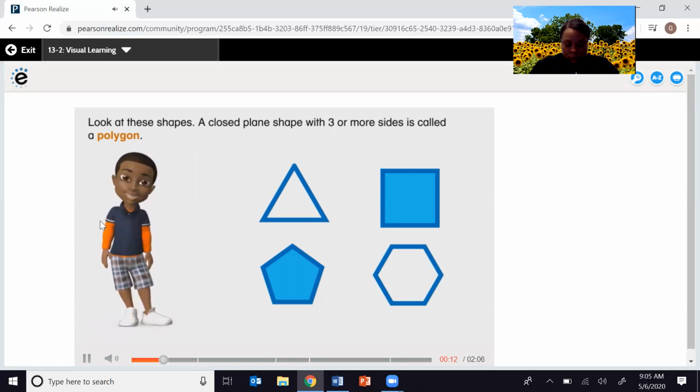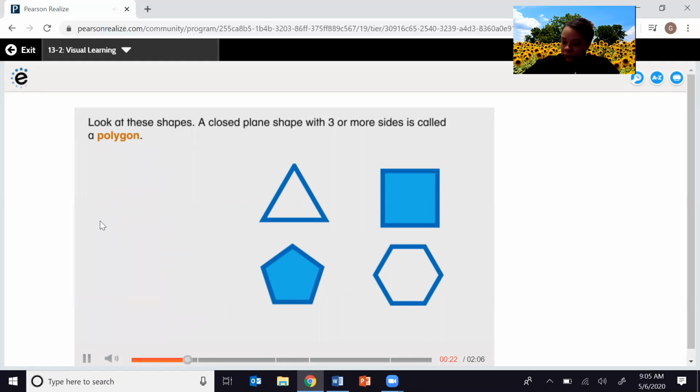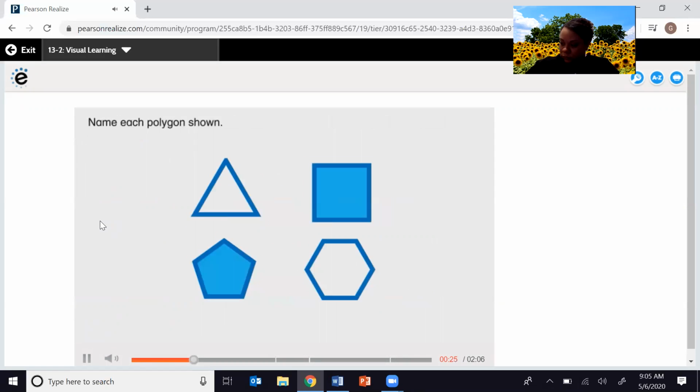Shapes. A closed plane shape with 3 or more sides is called a polygon. You know the names of these polygons. Name each polygon shown. So a polygon is basically a shape, which most shapes fall into this category, with 3 or more sides and it's a closed shape.